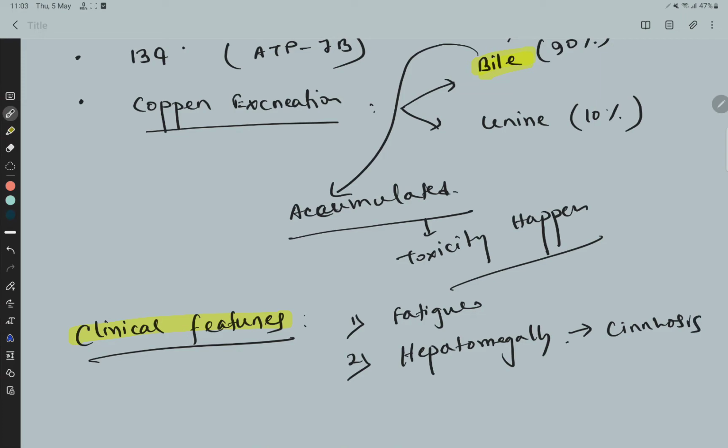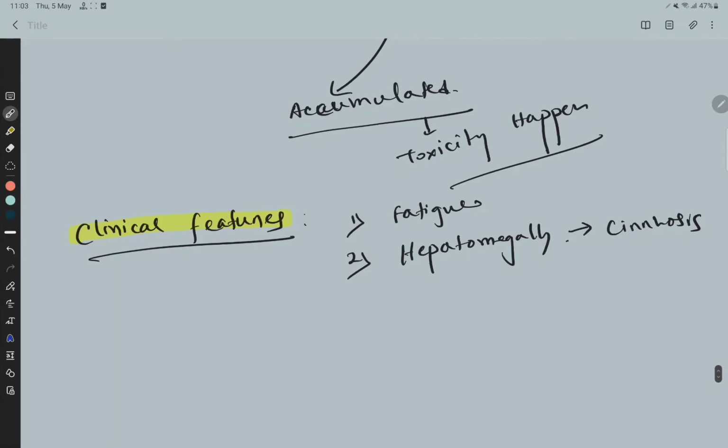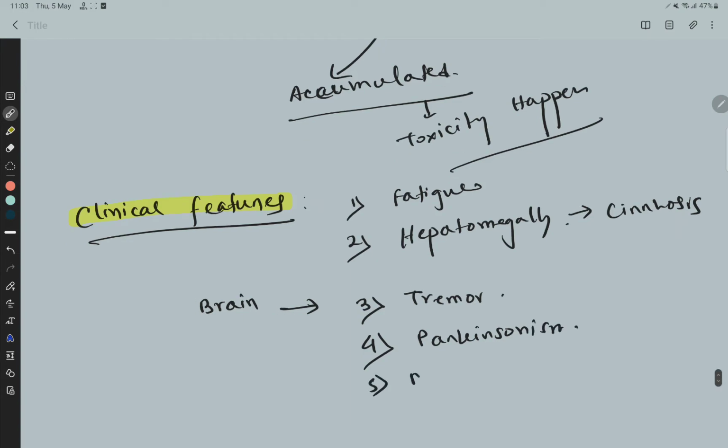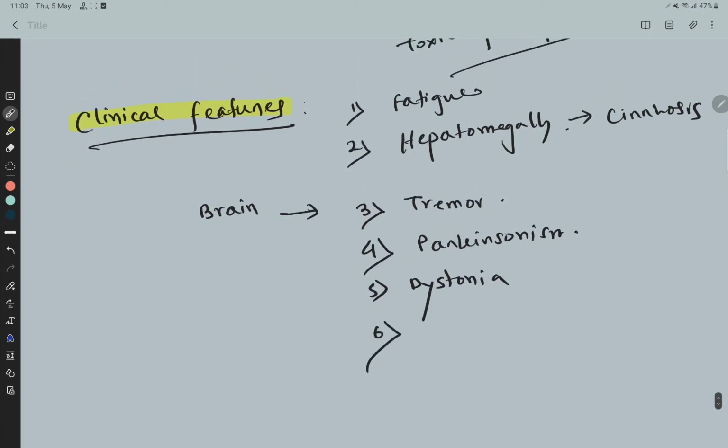Second, there is copper deposit in the brain. The copper is deposited, and the ultimate effect is a psychiatric problem. Tremor and Parkinsonism-like features are seen. Dystonia can be seen, and gait abnormalities can be seen.